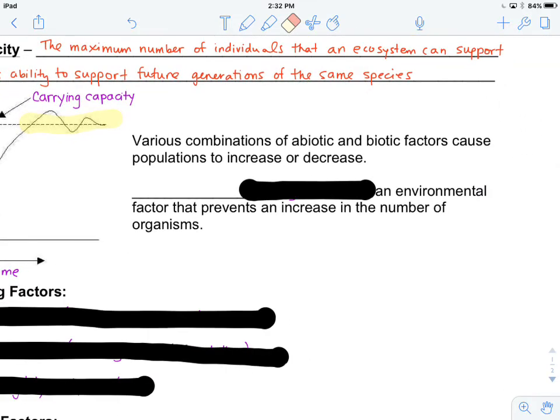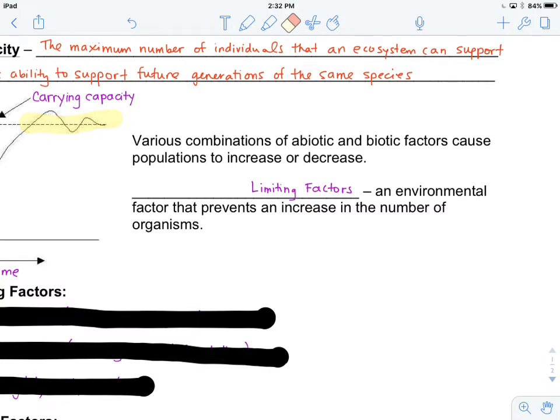There's various combinations of abiotic and biotic factors that cause populations to increase or decrease. Now, the interesting thing is that most of the time, these things are taken care of by nature, and they're called limiting factors.